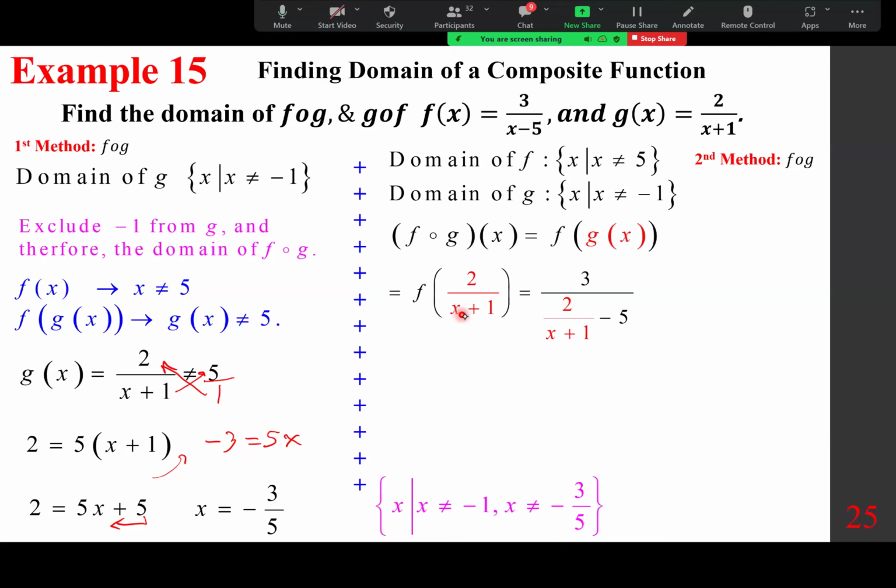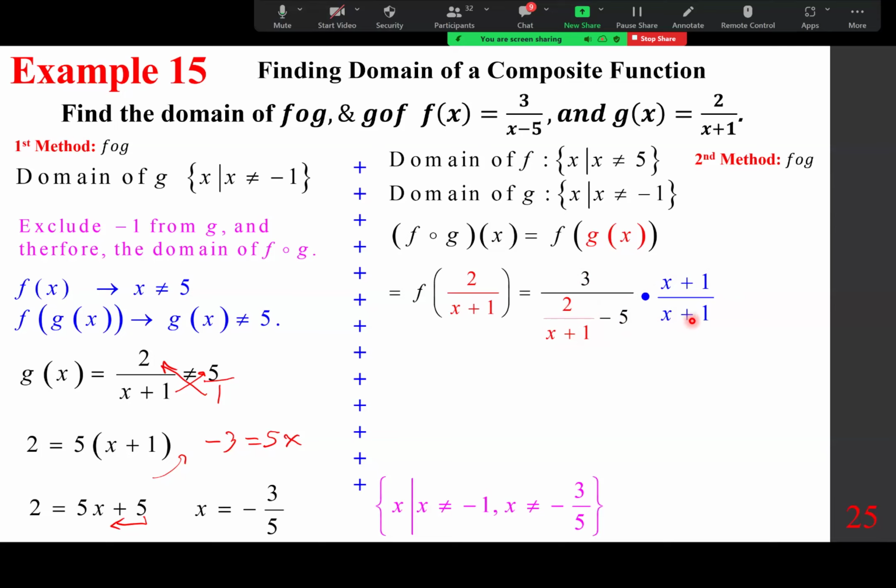So 3 over x minus 5, where you replace the x with the g function, 2 over x plus 1. This is a complex fraction. You multiply the top and the bottom by the LCD, namely x plus 1 over x plus 1. So this becomes 3 times x plus 1. This becomes a 2, because this cancels this one. We are multiplying everything by x plus 1, minus 5 times x plus 1.